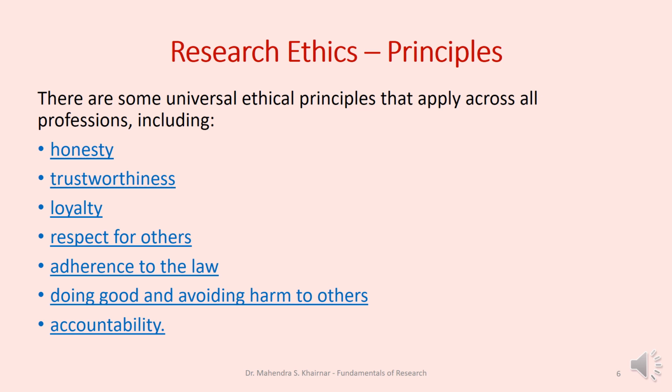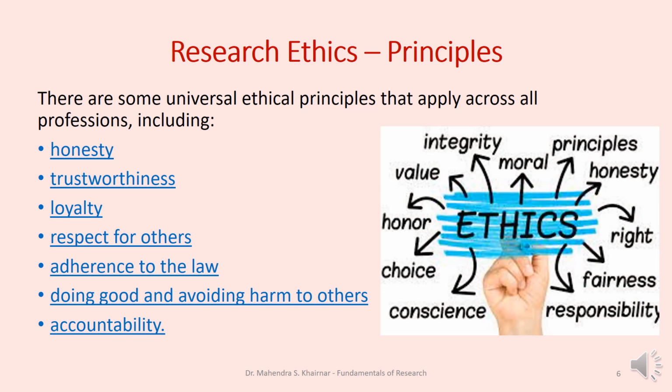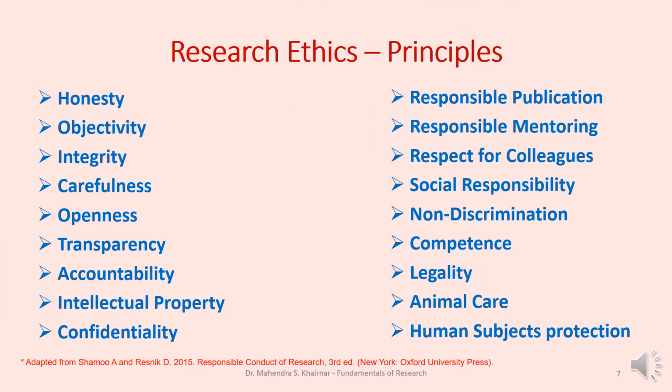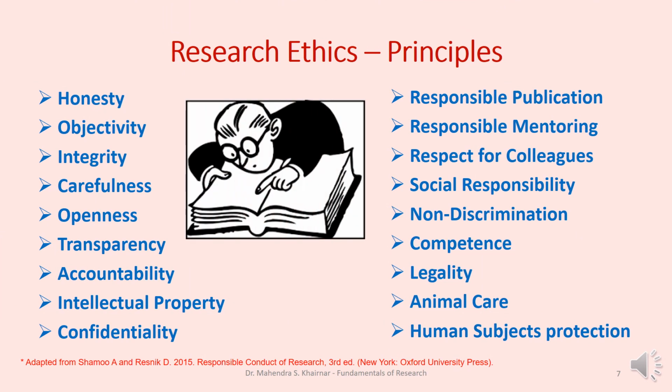Along with these research ethic principles, there are many more such ethical principles which can be applied in conducting a research. Now we'll understand these principles one by one. Now, these are the research ethics principles. Let's study and understand these principles.